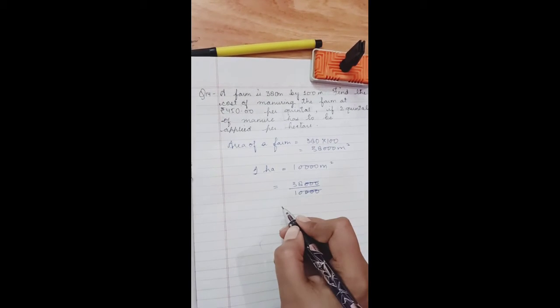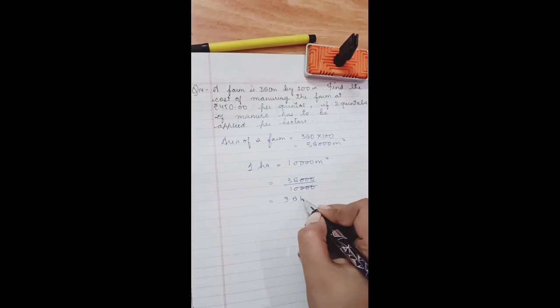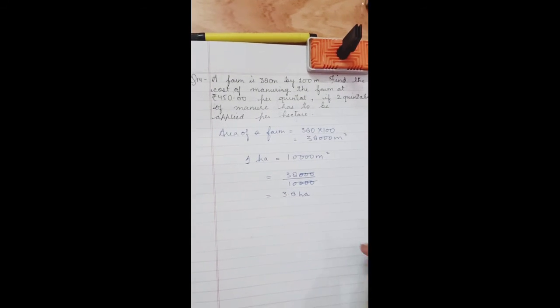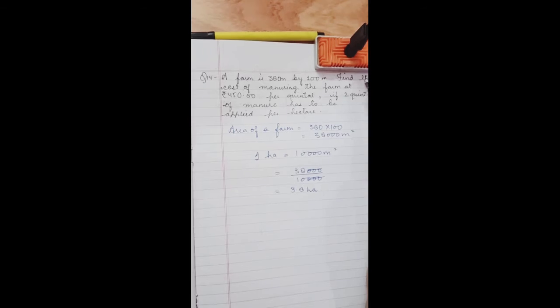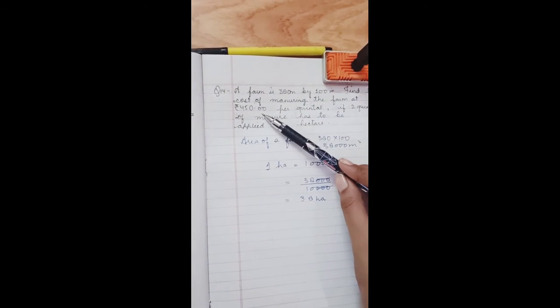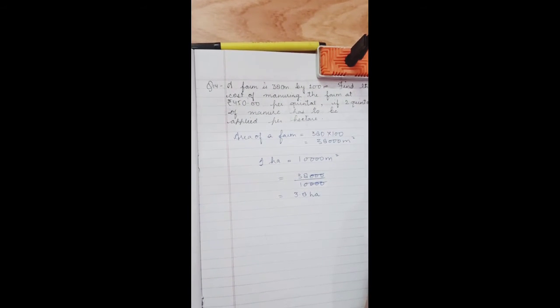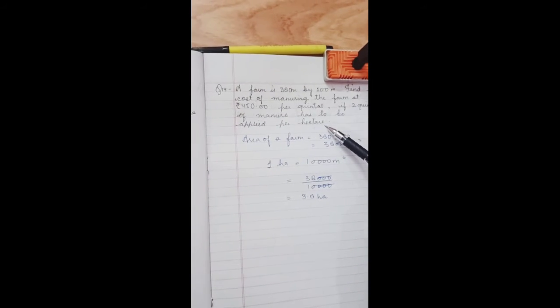So here we get 3.8 hectares. It means the area of a farm is 3.8 hectare. Now find the cost of manuring the farm at rupees 450 per quintal, if 2 quintals of manure has to be applied per hectare, right?